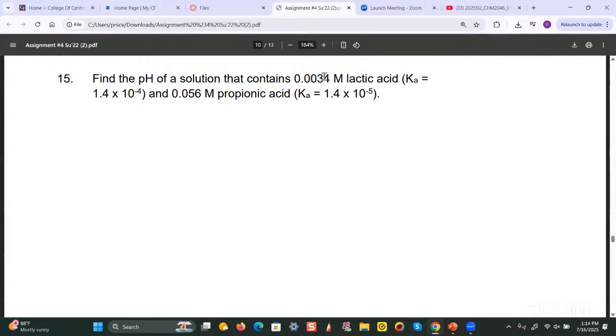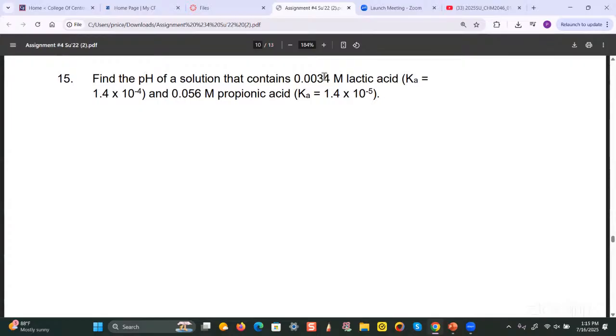So the approach that you take in the case of this question is that you're going to find the concentration of H plus that is contributed by each acid, right? So you have to go through the same steps that we did in the previous problems where you find the pH for one acid. In this case, you have 2 acids, right?